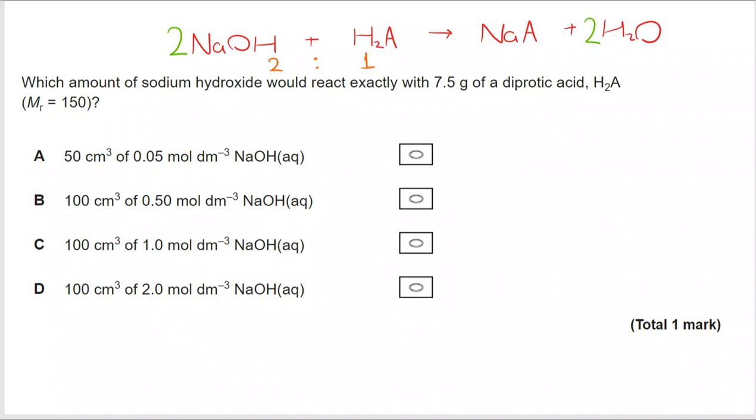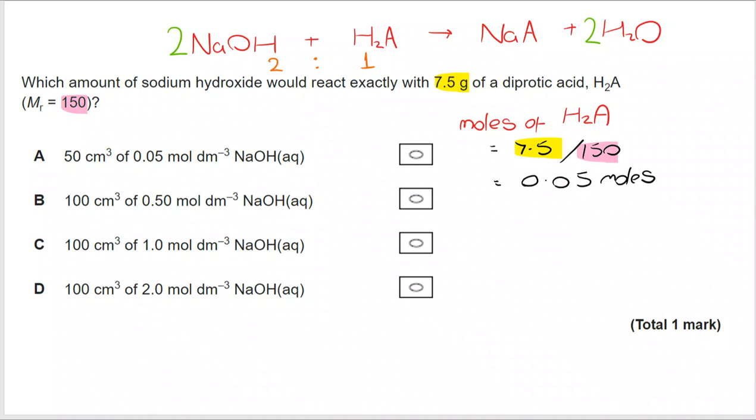So that 2-to-1 ratio is really very important. What I'm then going to recommend you do, and I would always do this if you're ever given a mass of something and you have its MR or you can find its MR, find the number of moles. So in this case, we've got a mass of H2A and an MR. So let's find out how many moles it is. 7.5 divided by 150 gives 0.05 moles.